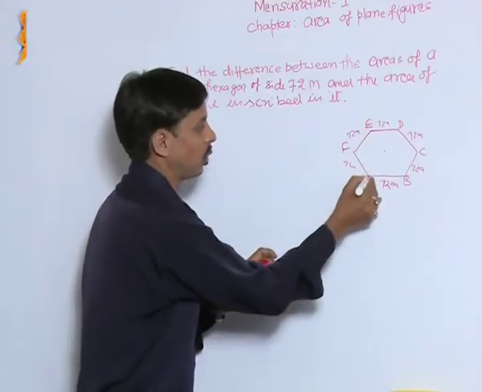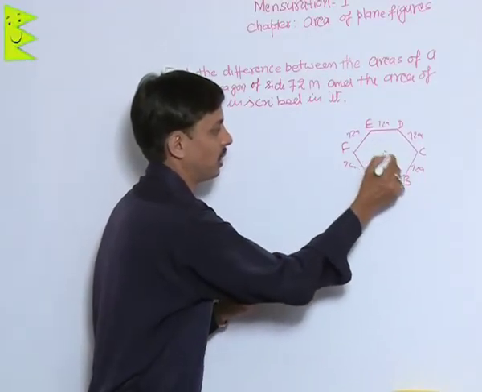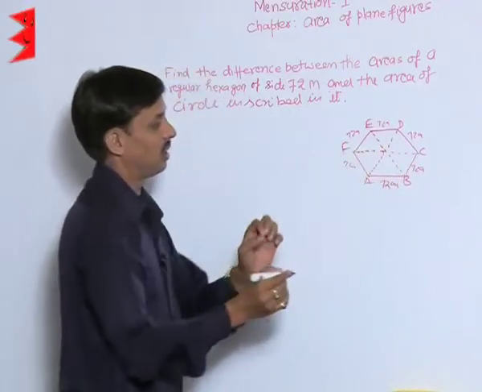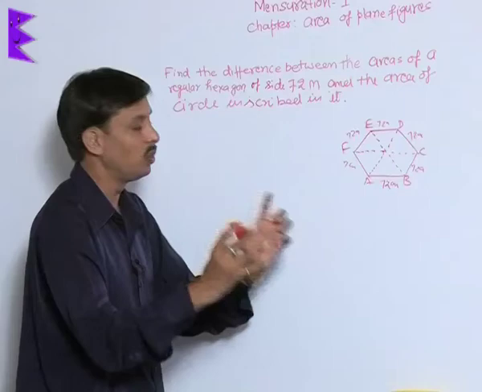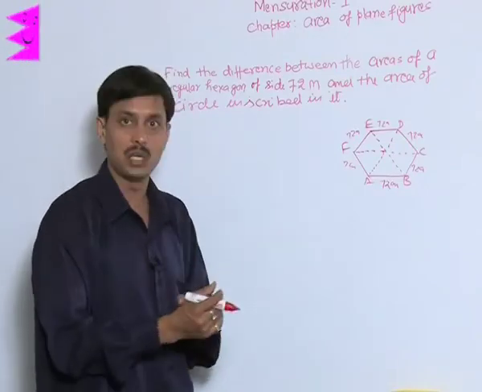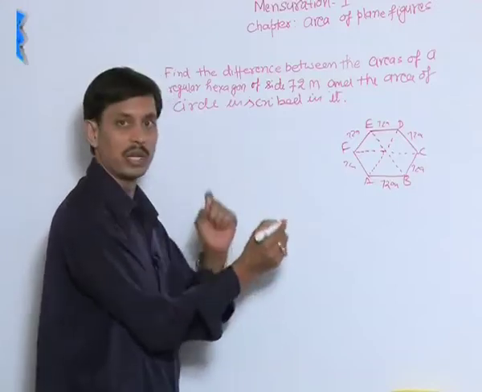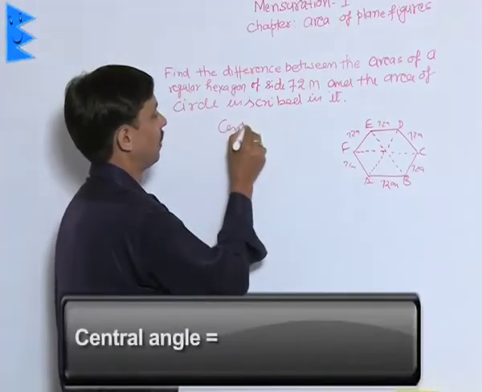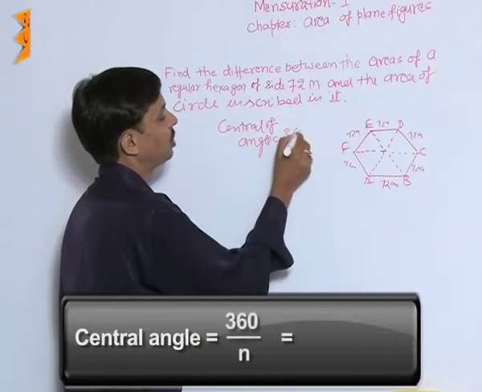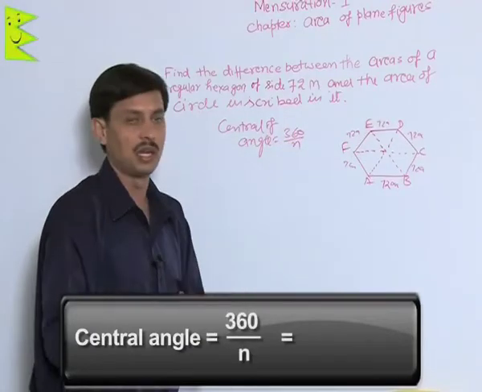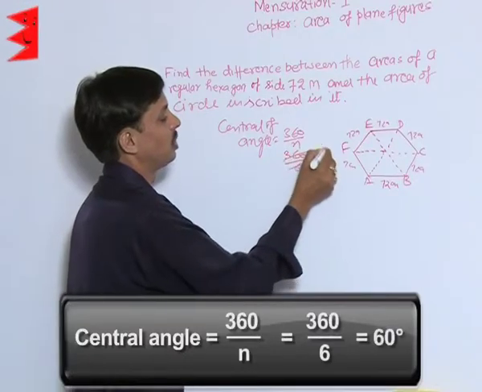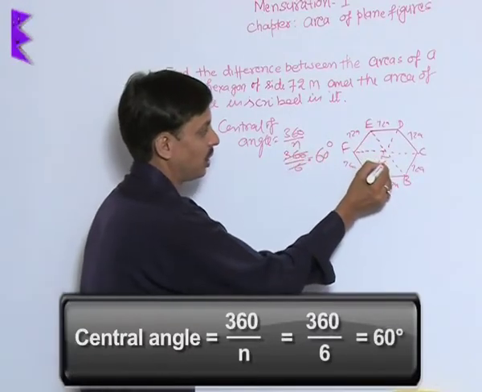If I join each vertex to the center, I will notice that this regular hexagon is divided into 6 equilateral triangles. How have I assumed that these are 6 equilateral triangles? Because the formula of the central angle is 360 upon n, where n is the number of sides. This becomes 360 upon 6, which is 60 degree. This angle is 60 degree.